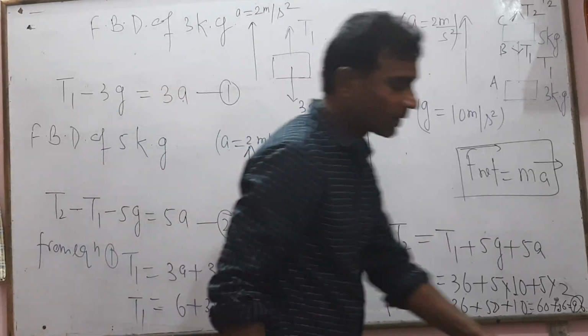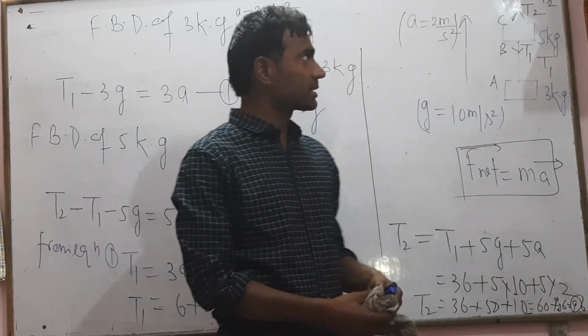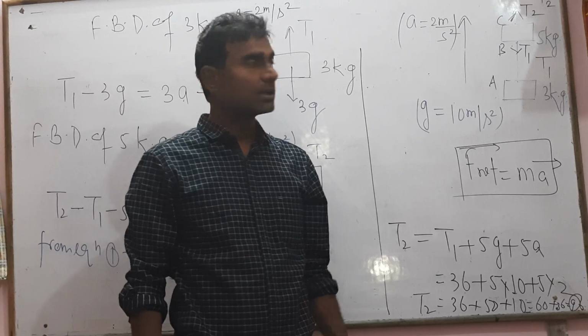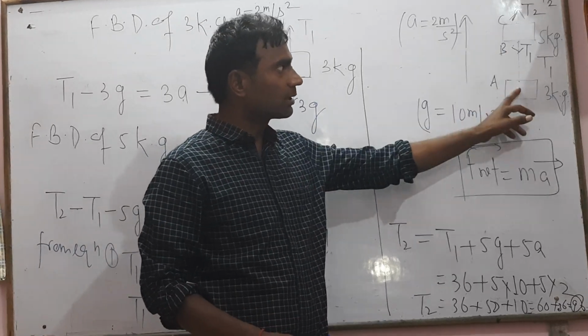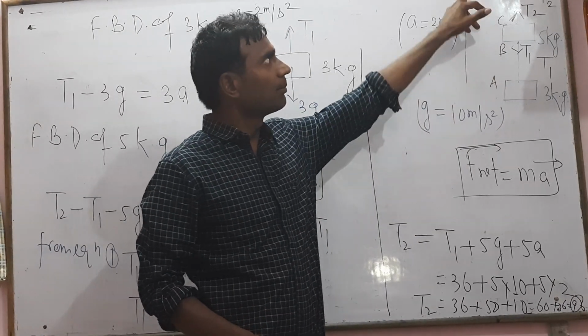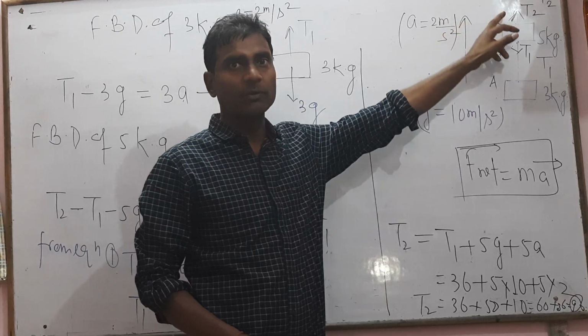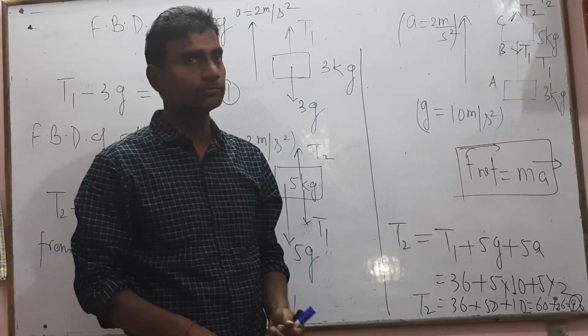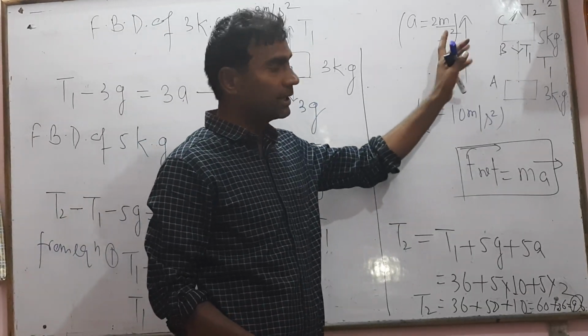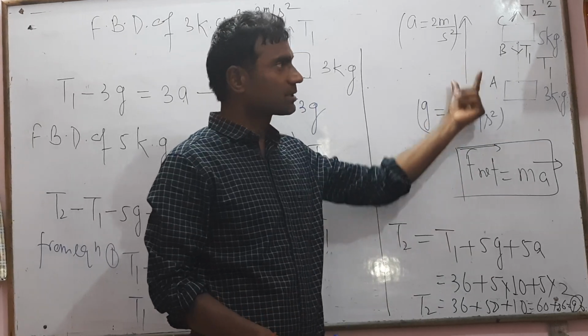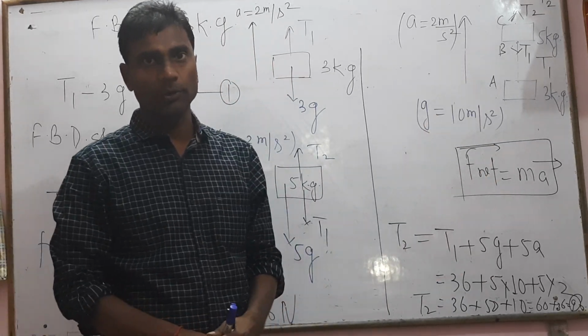Okay. If in this question acceleration is not given, and only these two blocks are supported by the ceiling, what will be the value of tension T1 and T2? If value A is not given, it means the system is not going upward or downward.